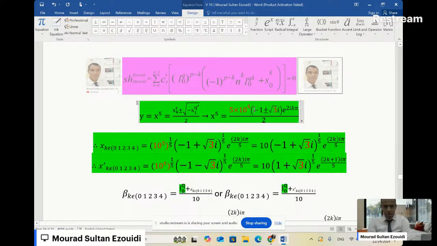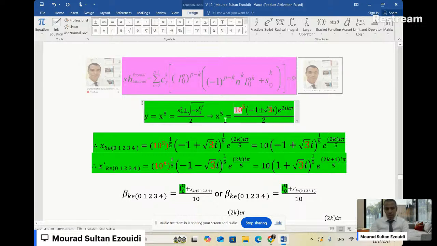Okay, so this one I will make 10 raised to the power 5. I will cancel this. Okay, so this is x_k raised to the power 5 equal 10 raised to the power 5 times minus 1 plus negative root of 3i exponential 2k i pi divided by 2.